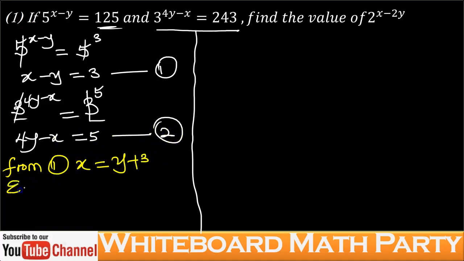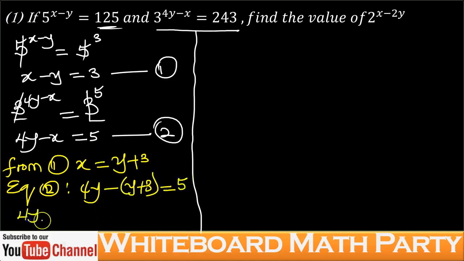In that case, equation 2 will now become 4y minus x, where x takes the place of y plus 3, because I'm substituting right here. So everything is equal to 5. Now let's solve this. This will be 4y minus y minus 3 is equal to 5.